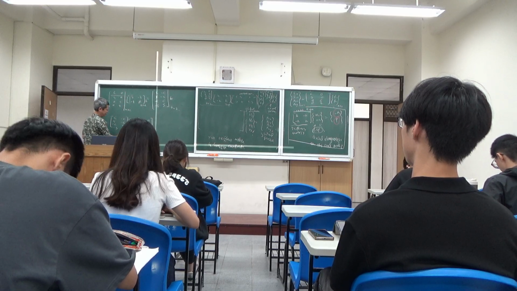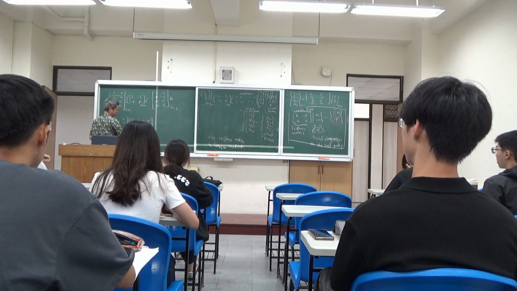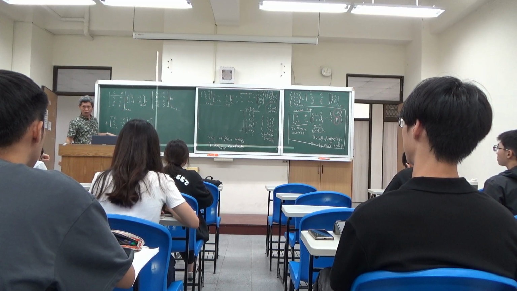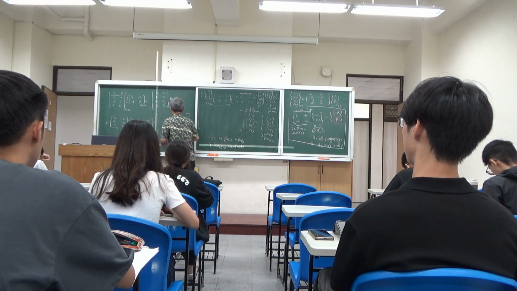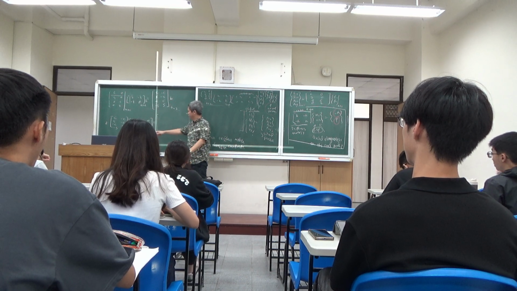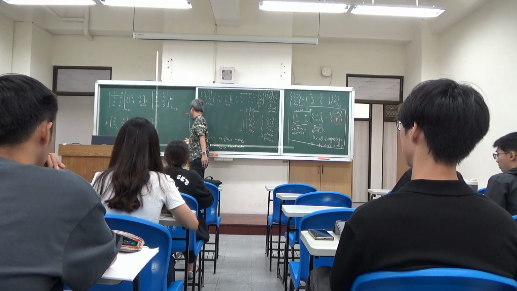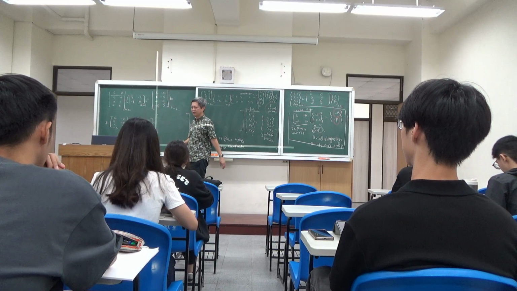What is this matrix? This is 4 by 2, this is 2 by 4. So what's the size of your N matrix? 4 by 2 times 2 by 4. In the end, you got a 4 by 4 matrix.